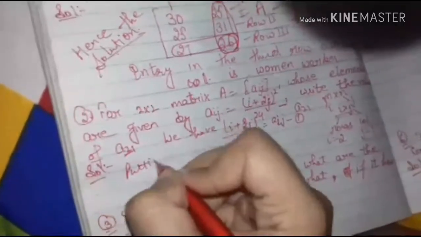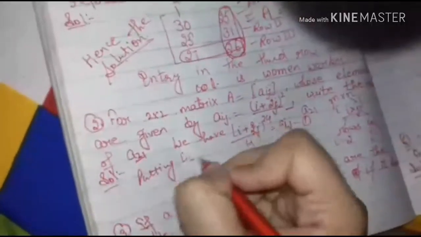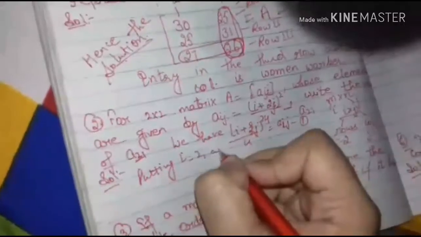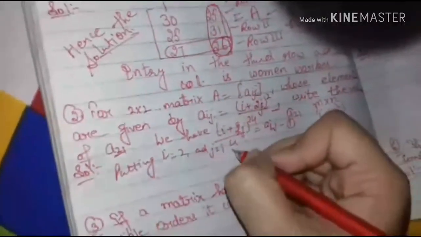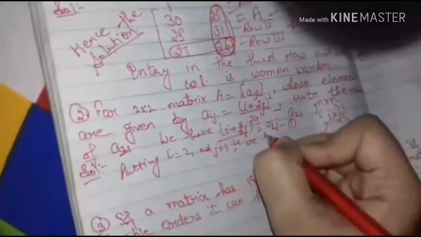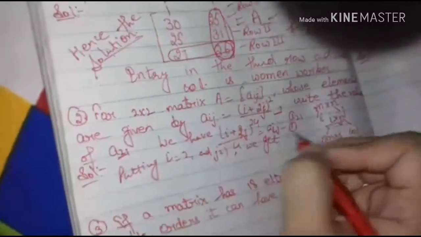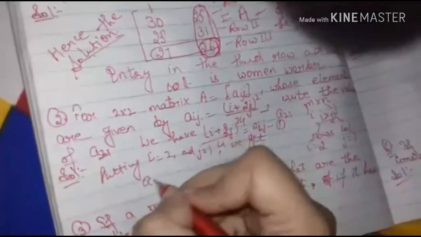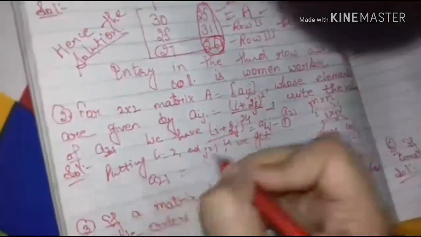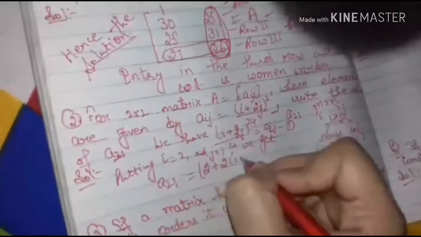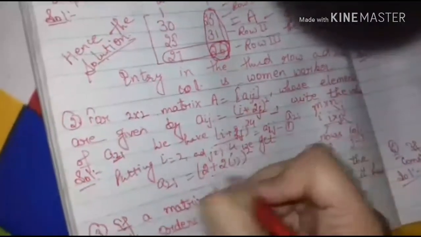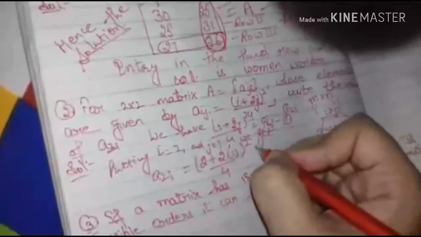Putting i equal to 2 and j equal to 1, we get A21 is equal to (2 plus 2 into 1) the whole square over 4.